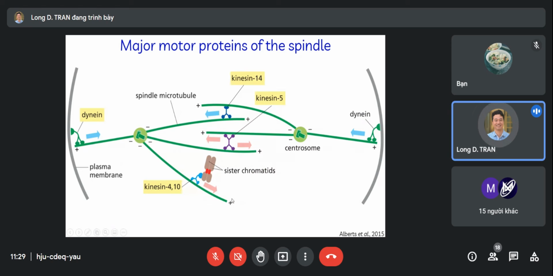We have the microtubule, the chromosome attached to the plus end of the microtubule, and then we have the dynein attached to the kinetochore, and it keeps moving toward the minus end, while the plus end keeps shortening, and therefore it allows the chromosome to be transported close to the centrosome, and later they will form new nuclei.